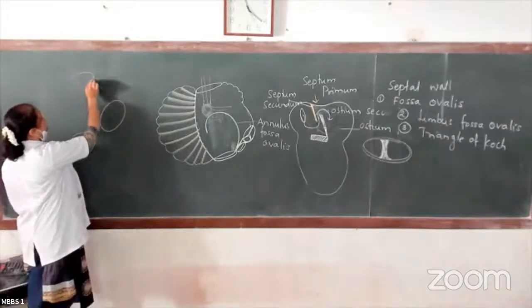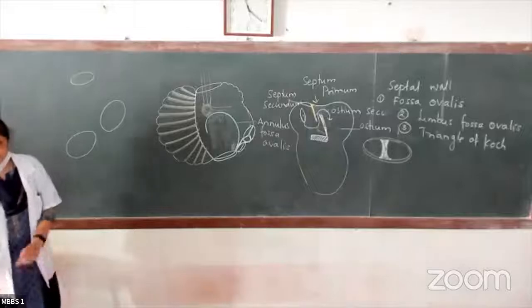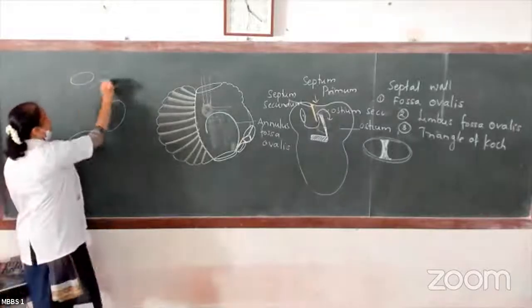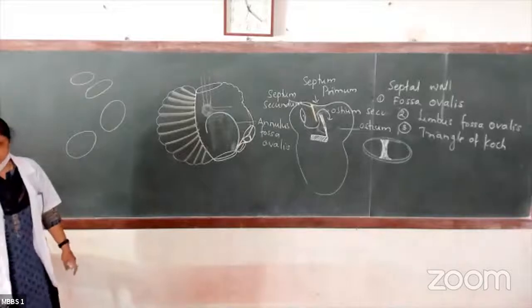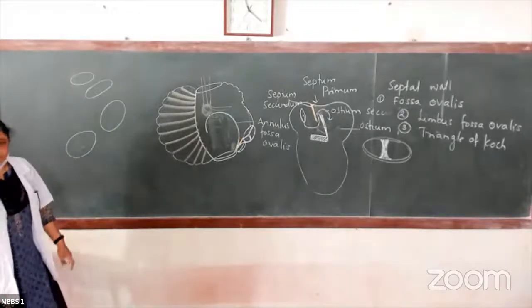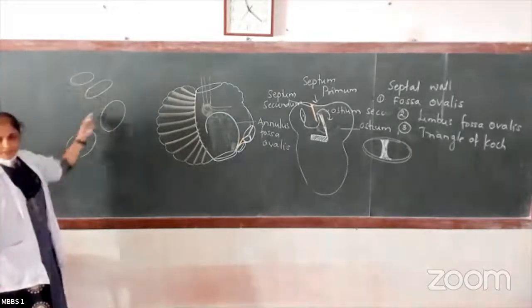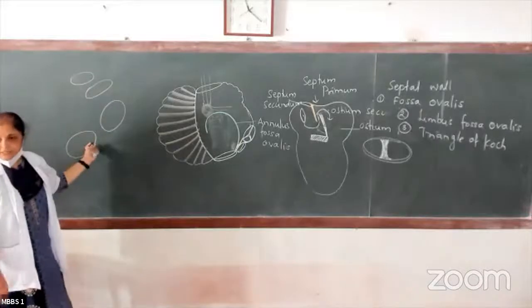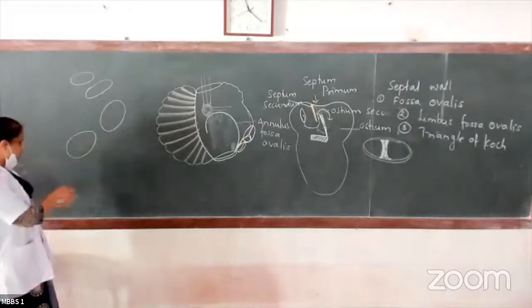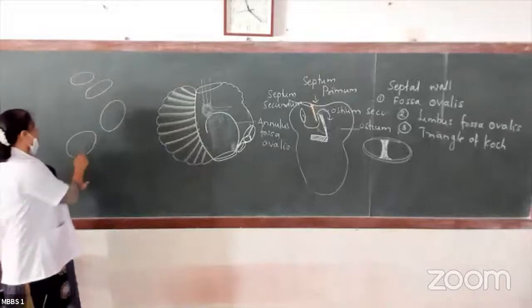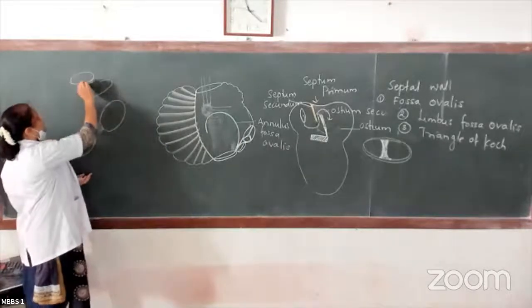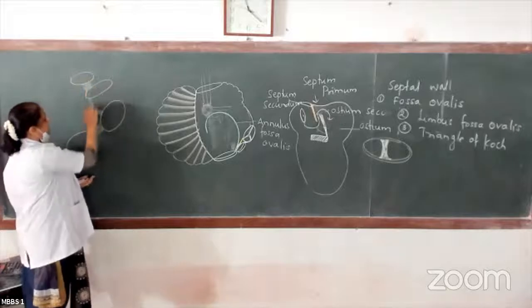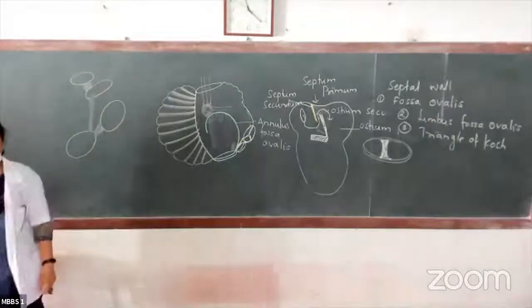Then another circular orifice is the orifice of the pulmonary trunk, while another circular orifice is the orifice of the aortic vestibule. So those are the four annular rings. And from there you can see the tendons passing in between, connecting these structures with each other.